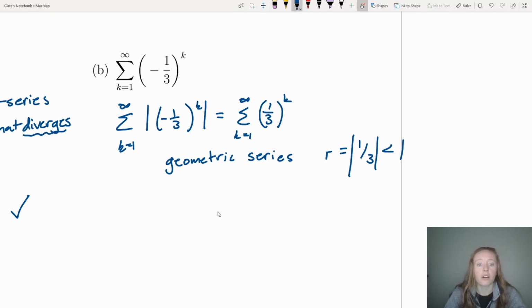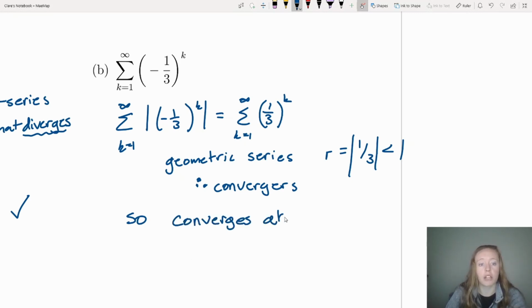Therefore, because it's geometric, we know that the absolute value of the series converges. So because the absolute value of the series converges, I don't even need to do the alternating series test. There's no need for it, because if the absolute value of the series converges, then it converges absolutely.